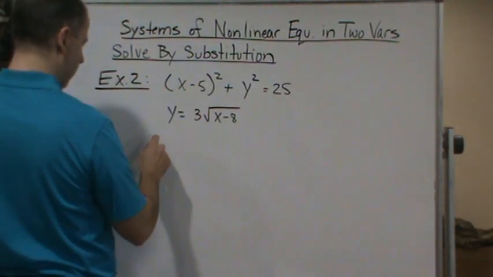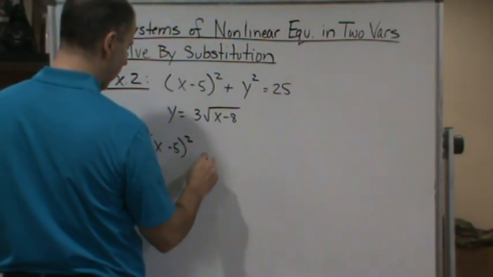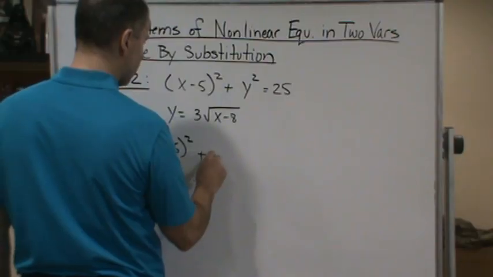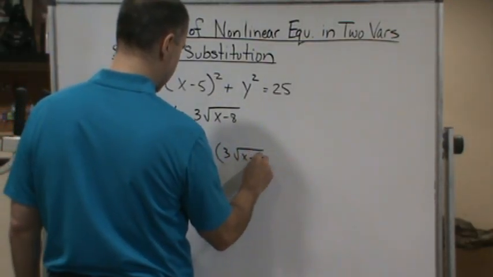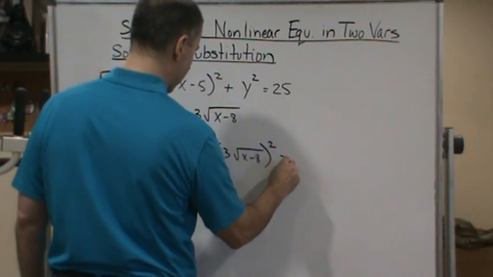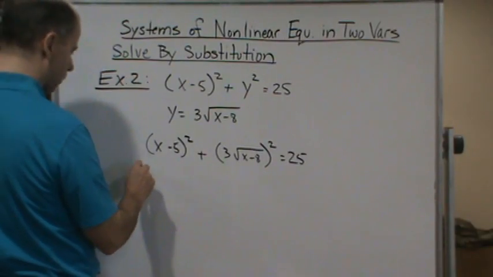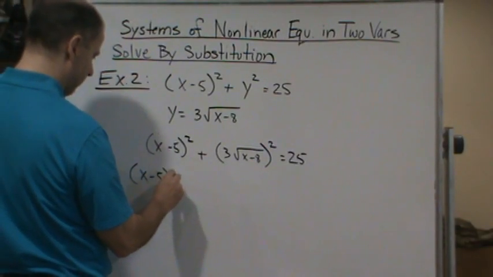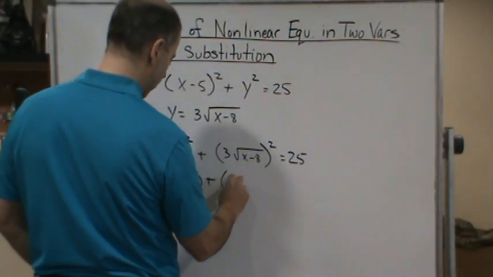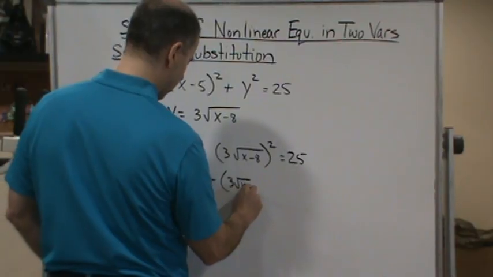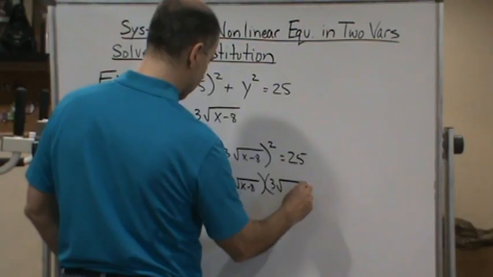So let's do that. If we plug that in, we get (x − 5)² + (3√(x − 8))² = 25. Okay, so again, we're going to FOIL this out. Remember, this is (x − 5) times (x − 5).